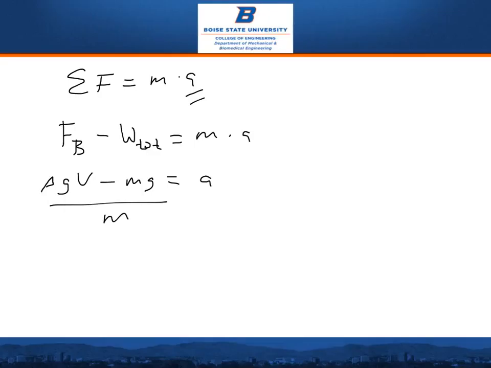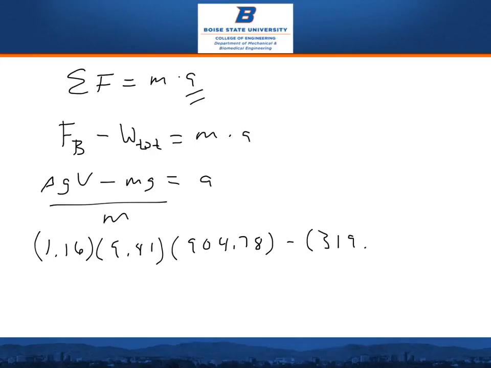So if we were to plug in some numbers here, we'll have 1.16 times 9.81 times 904.78 minus 319.93 times 9.81.